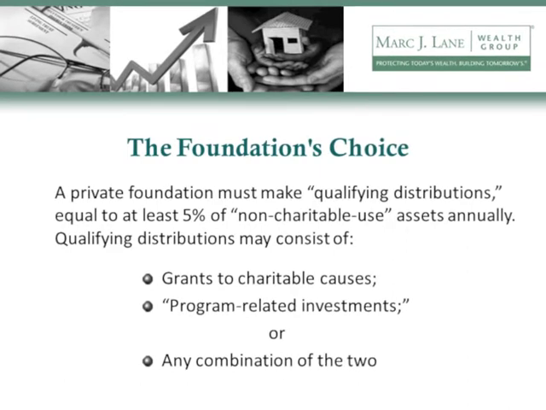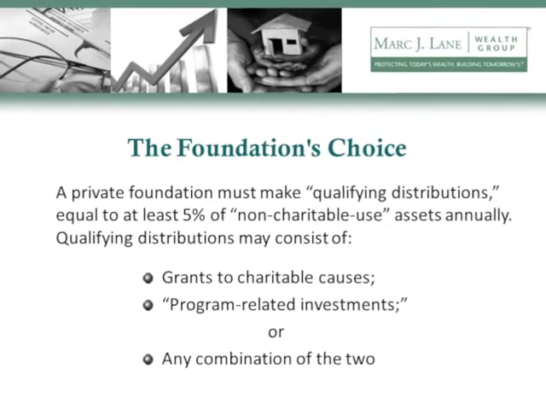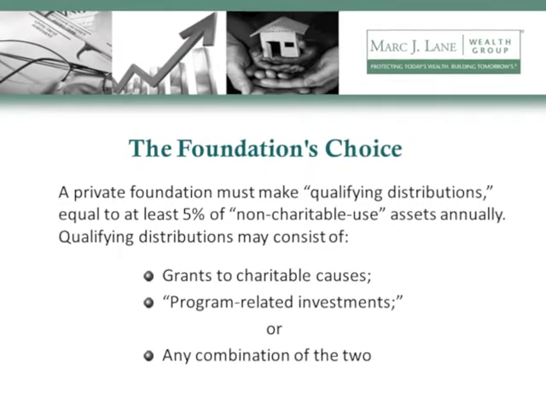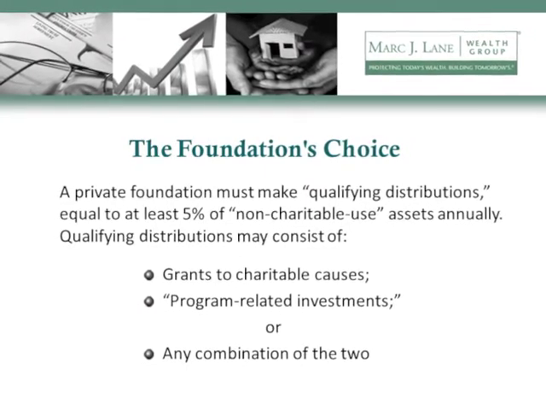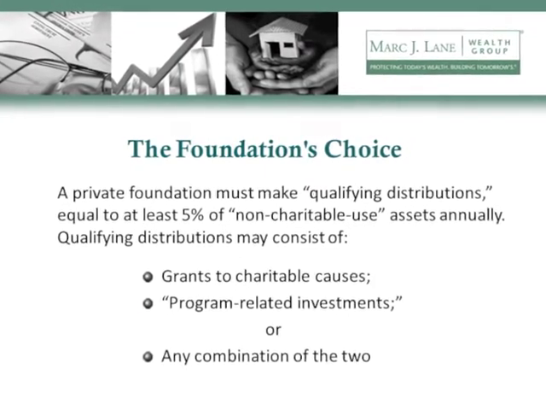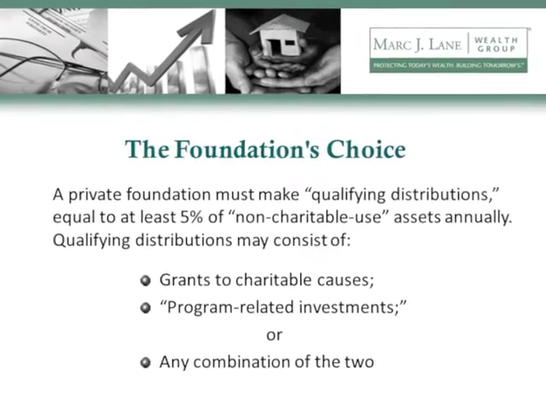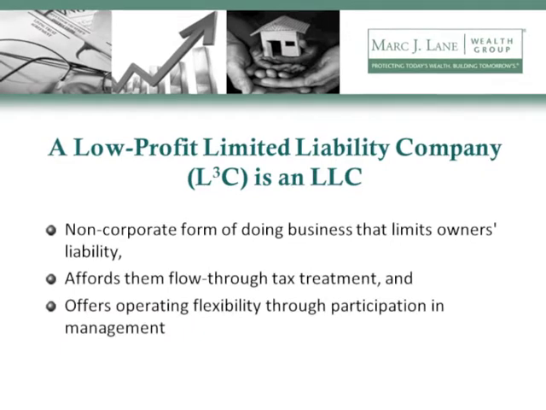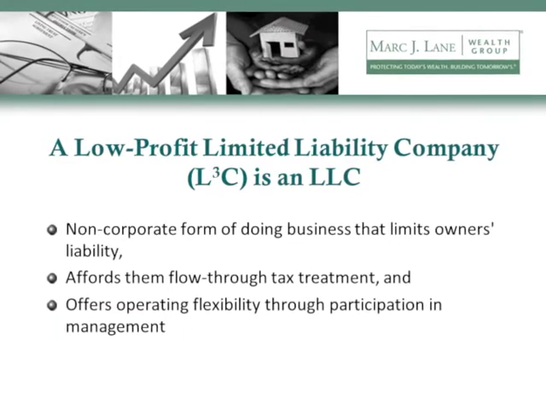In order to understand the purpose of an L3C and the way it works, we need to go back to the Tax Reform Act of 1969, where for the first time, Congress imposed upon grant-making foundations the obligation to distribute 5% of their assets annually for charitable purposes. This is what accounts for the feverish competition for grants among charities.